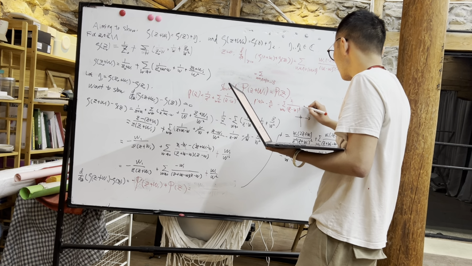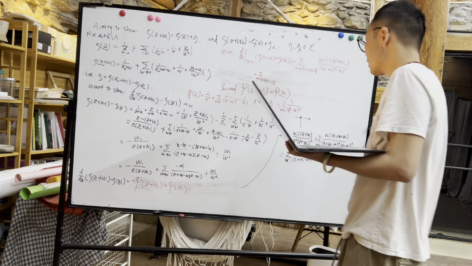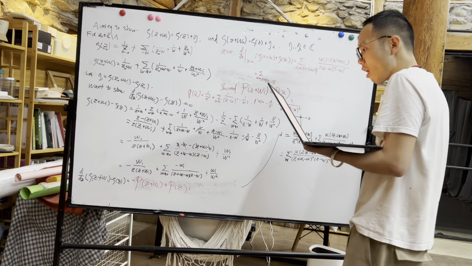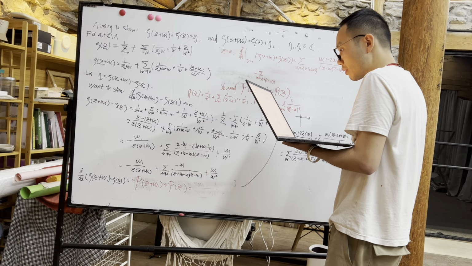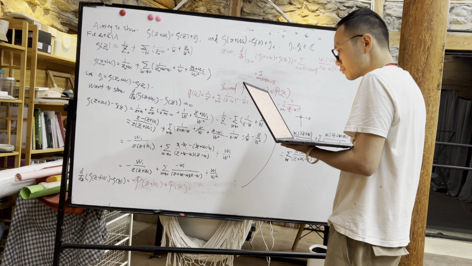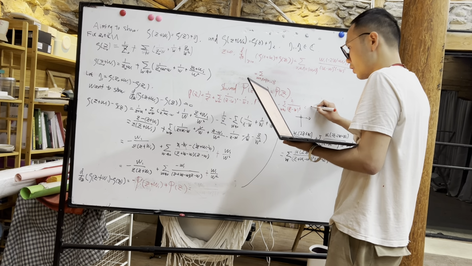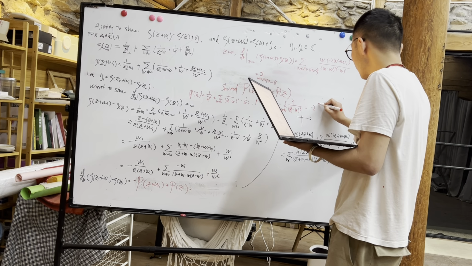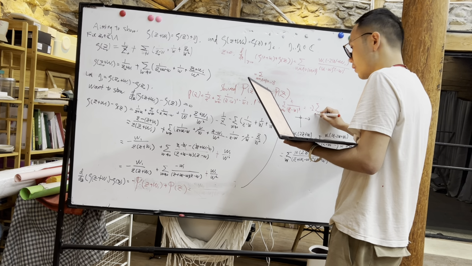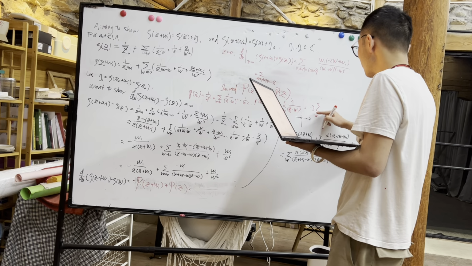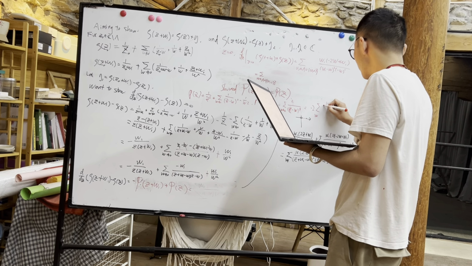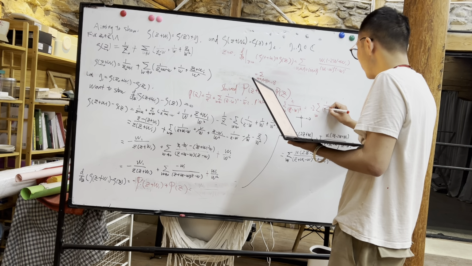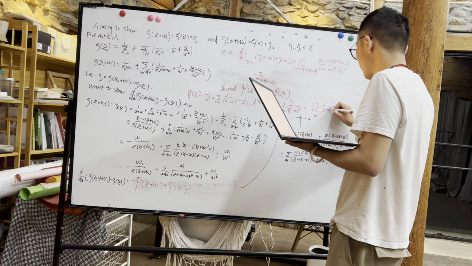So it's equal to negative 2 times the sum over all the omega of 1 over z minus omega cubed.